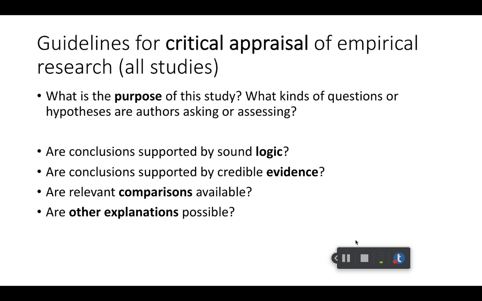And overall, are their conclusions supported by sound logic? Are the conclusions supported by credible evidence? Are relevant comparisons available? So if they're making comparisons, do they provide you with the data to support that? And are other explanations possible? Either explanations that they've considered or perhaps explanations that they haven't considered that occur to you. So those are some initial questions.